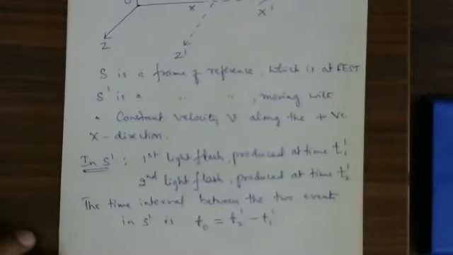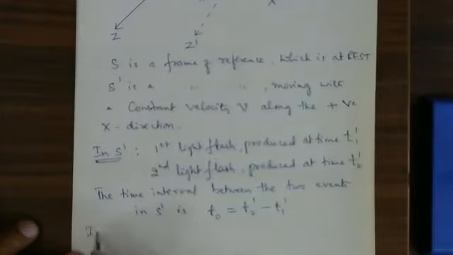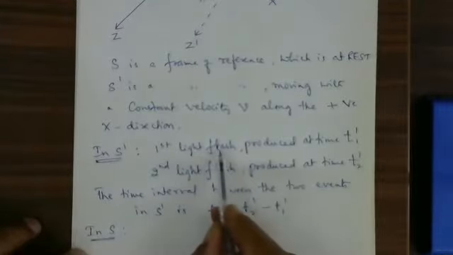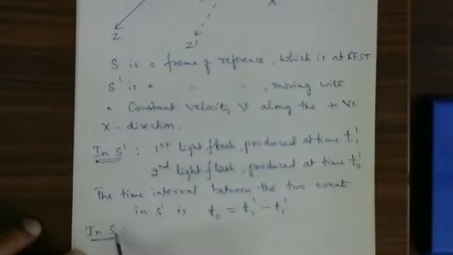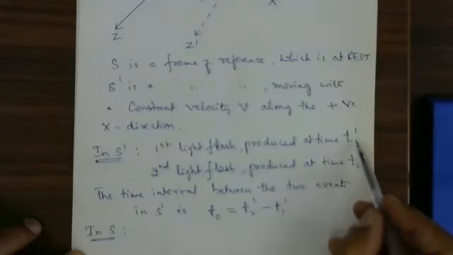Similarly, I suppose to write in the frame S, which is at rest. For this frame of reference, the first flash of light appears not at T1 dash, now it appears as T1.